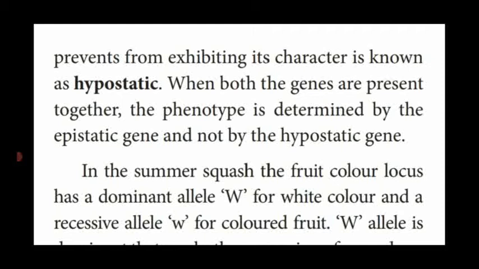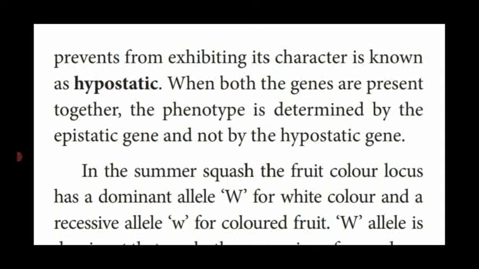So the gene with a pair of alleles located in one place that suppresses the characteristic feature of a gene with different alleles at a different locus is named epistatic. And the gene with a pair of alleles, the non-allelic gene, which is suppressed or prevented from exhibiting its character, is known as hypostatic.